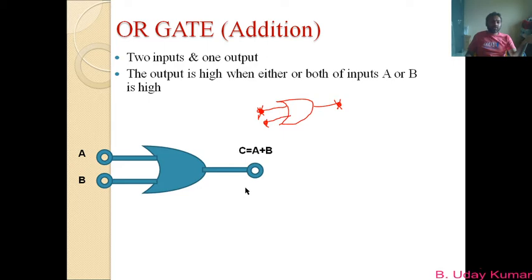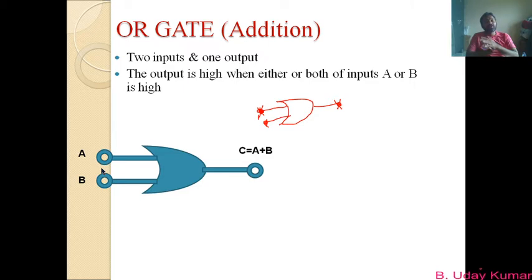Now its entire operation can be understood with the help of a truth table. You already know what a logic gate is, and even in intermediate you have studied these things. The detailed working of the OR gate, AND gate and NOT gate with the help of diodes or transistors, we will understand in some other video.